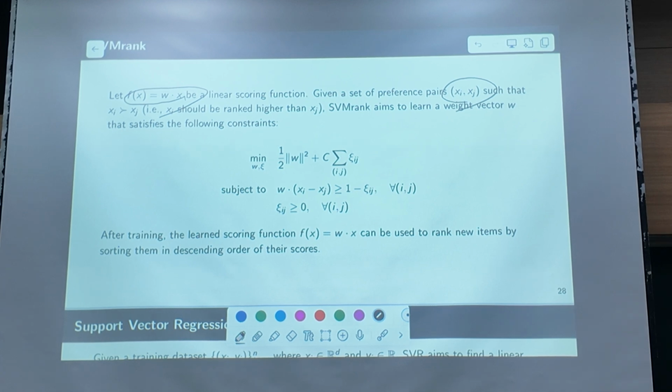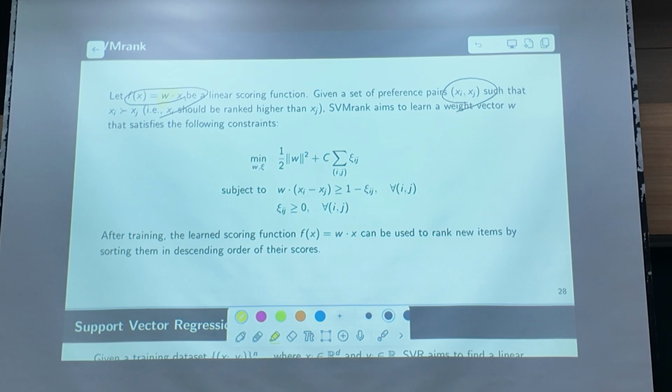You pick these two, and you know the rank because it's training data. You train it, and what do I mean by training? Find a W such that you give me any 2 points, and it will tell you the one that is ranked higher.